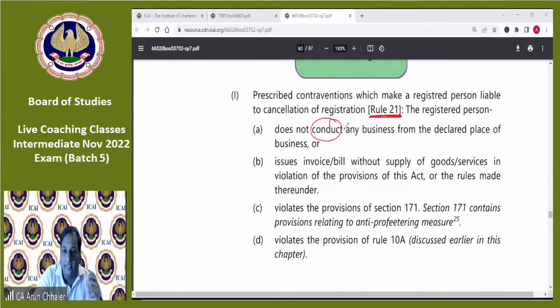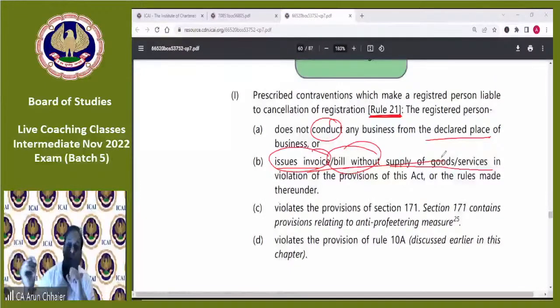Does not conduct the business from the declared place. Issues the invoice or bill without supplying the goods or services in violation of the provisions of the Act or the rules made therein. So, either issuing fake invoices or not supplying the goods or services, it means he is engaged in fake invoicing.